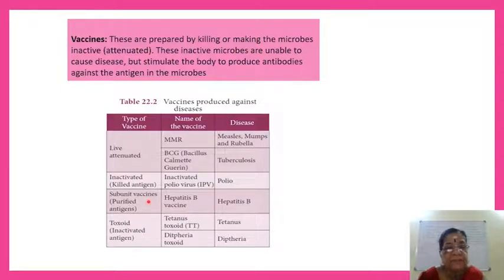Then subunit: purified antigen, helpful to give the hepatitis B vaccine, for the disease hepatitis B. Same way, toxoid, inactivated antigen, where we give tetanus toxoid.